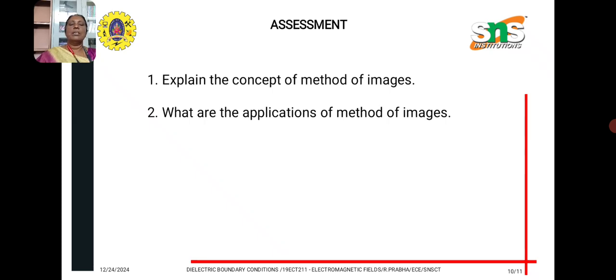This is the concept of method of images, and it is very helpful for finding the total field as in the case of antennas, for monopole antennas or any grounded antenna. By using method of images we can get the total electric field.